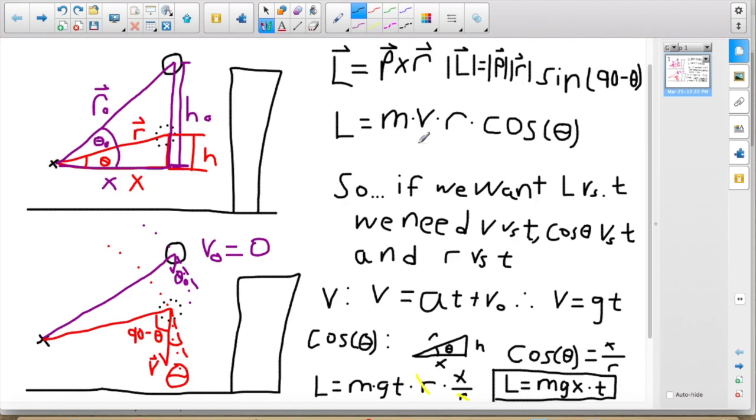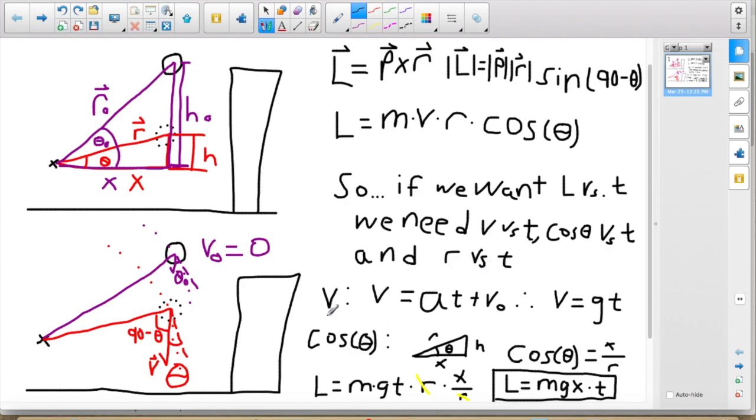So if we want to get that in terms of t, we need to get an equation for v in terms of t, an equation for cosine theta in terms of t, and an equation for r in terms of t. Mass is a constant, so that equation would just be mass equals mass. You might be wondering why I'm doing it in the order of v and then cosine of theta and then r. That's because I solved the problem before doing this and realized that we actually don't need r, and we'll get to why in a bit.